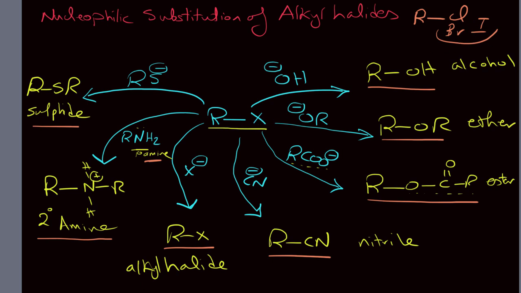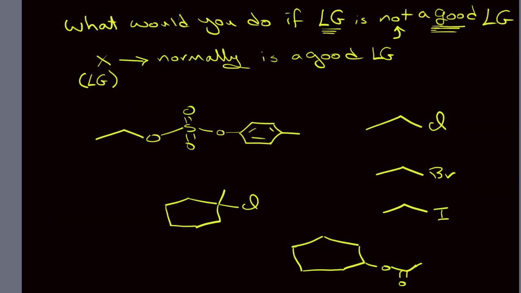But sometimes that's not the case. So what would you do if your leaving group is not a good leaving group? Normally our leaving group X is a good leaving group, when it's chlorine, bromine, iodine, or something like this big group, because when that one leaves, the negative charge on the oxygen can be delocalized perfectly.